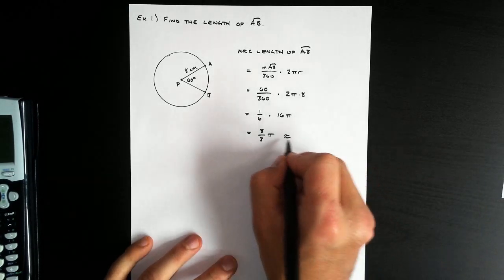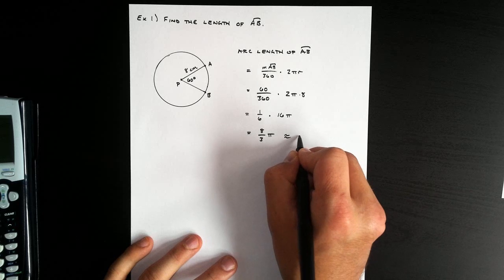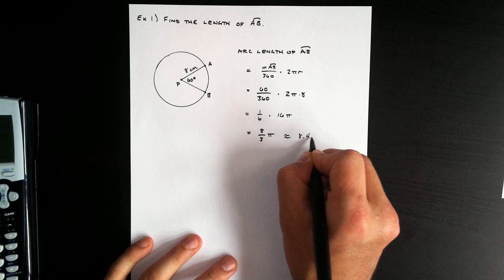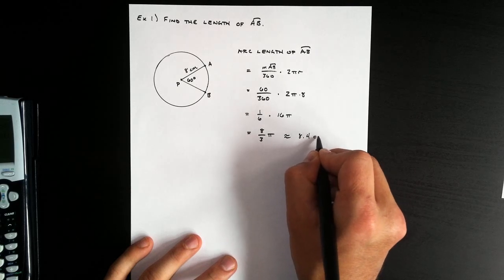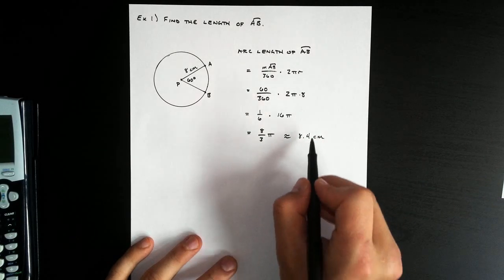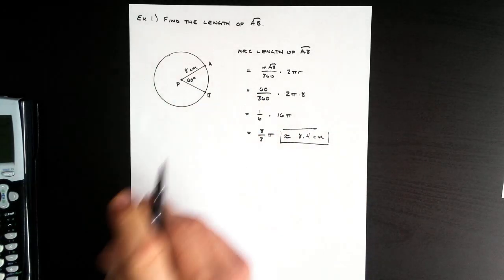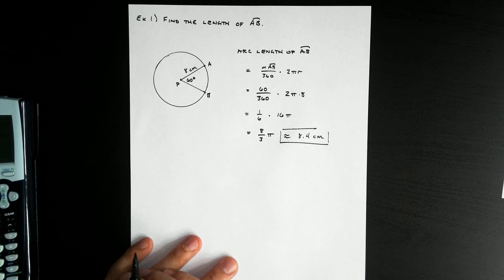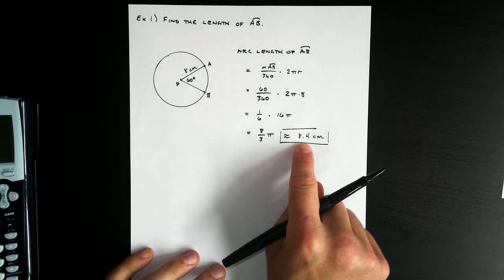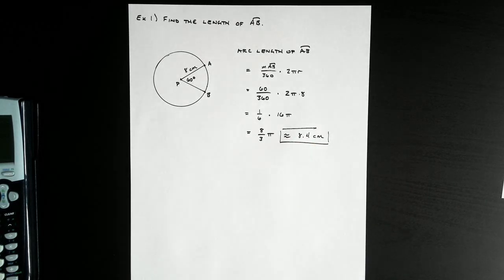So I'm typing that into the calculator. I end up with about 8.4 centimeters. So the length of this arc is about 8.4. If I were to multiply that by 6, I would get the entire circumference of the circle.